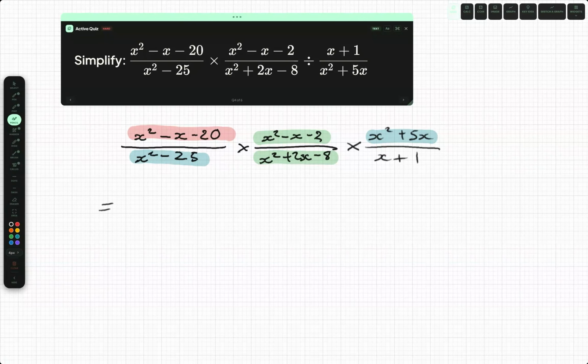It's going to take a little bit of time. So we need to think about our factors here for our two different quadratics. The first one here, they have to add up to -1, and they have to multiply together to give -20.